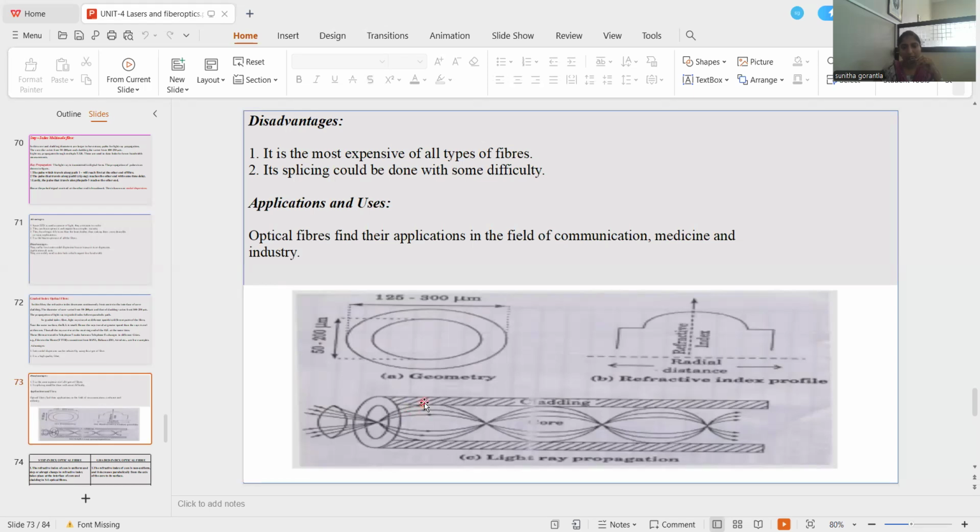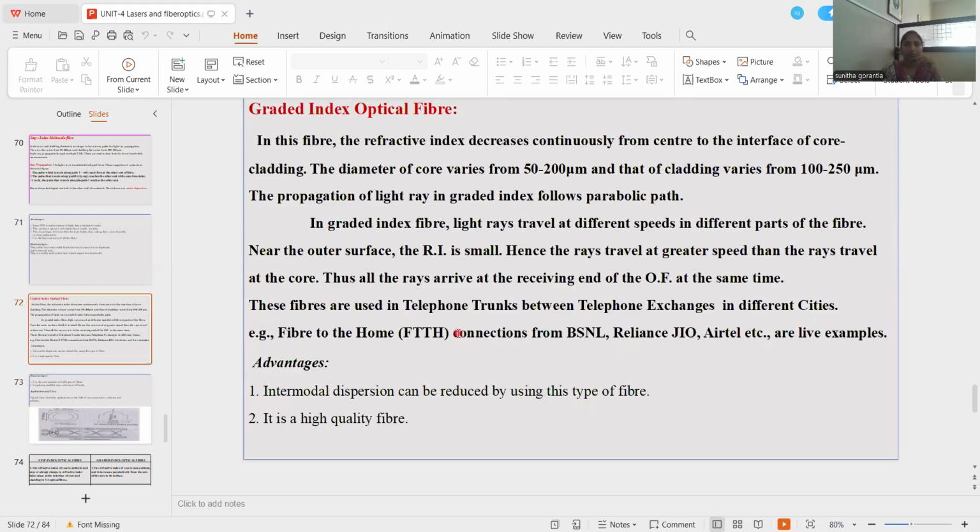Ray 2 travels a longer distance, but here the refractive index is low, so the light velocity is more. So at the output, we receive both rays at the same time. Thus all the rays arrive at the receiving end of the optical fiber at the same time.